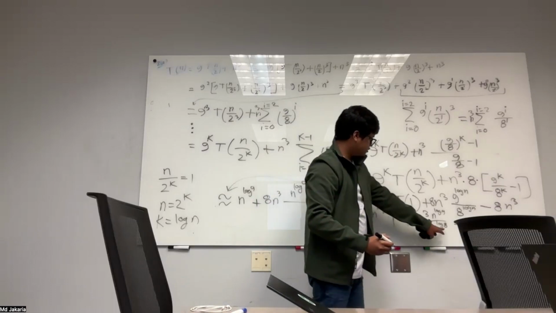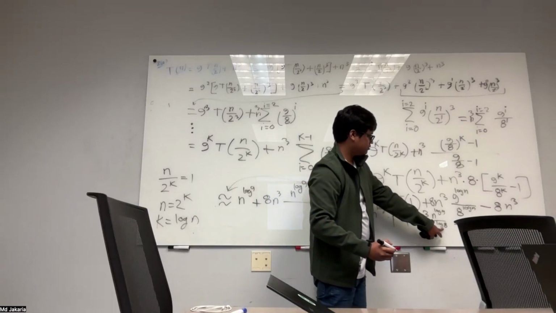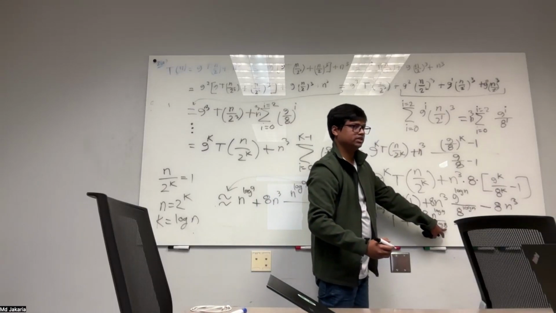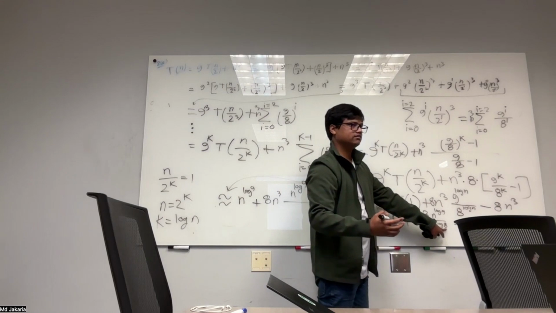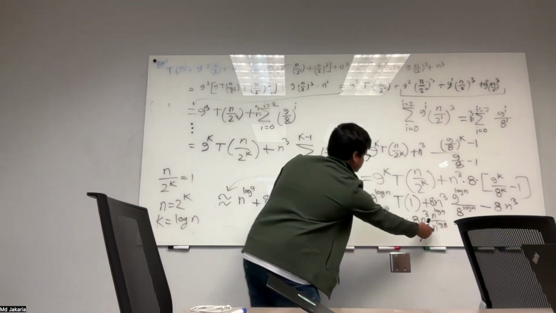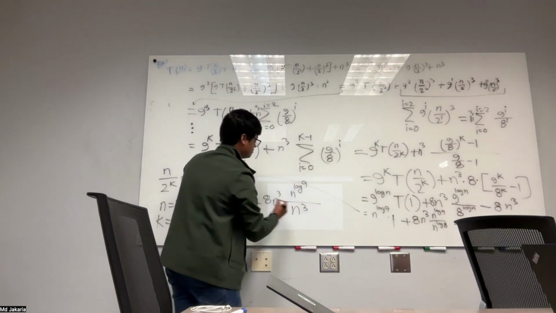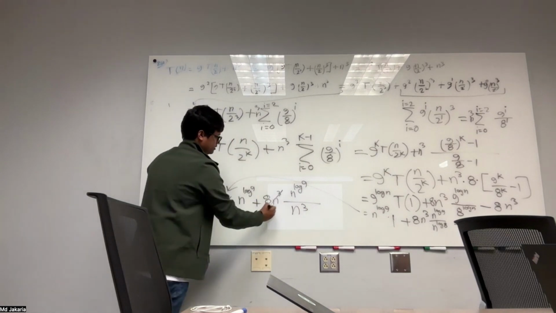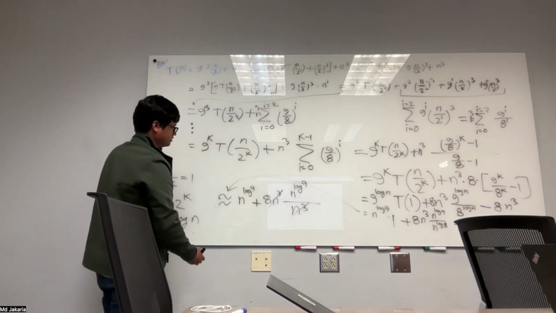So this is log base 2, right? So log 8 should be 3, right? So this is basically n cube. So we can do this.